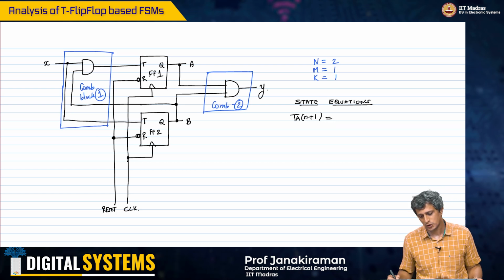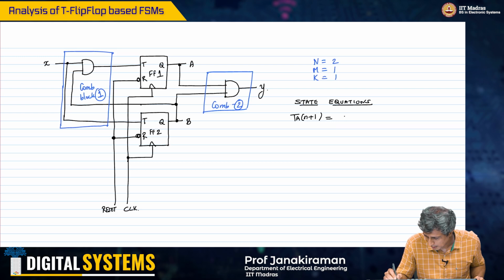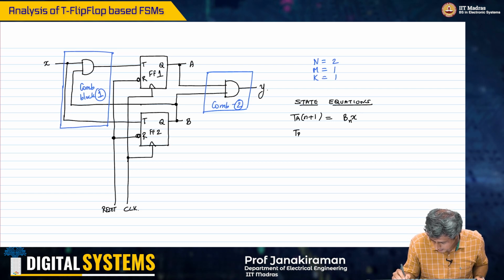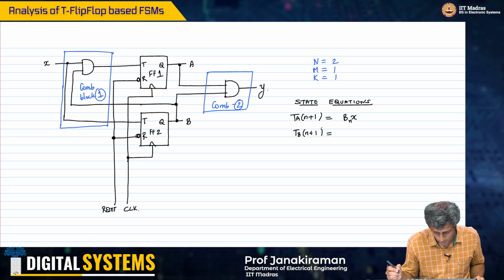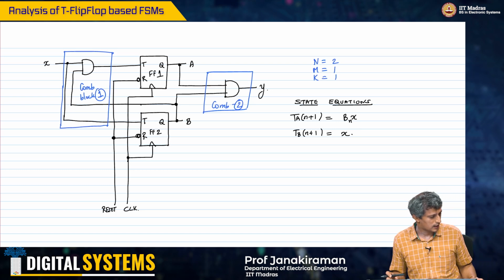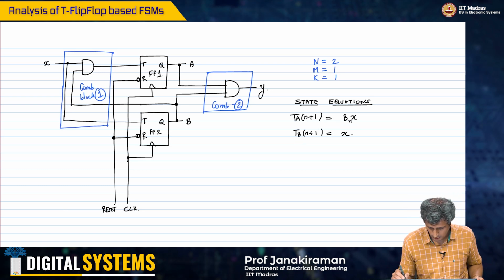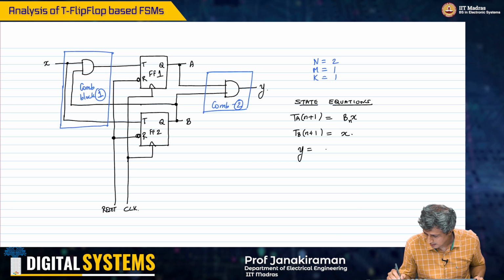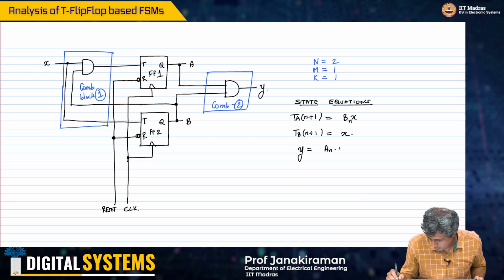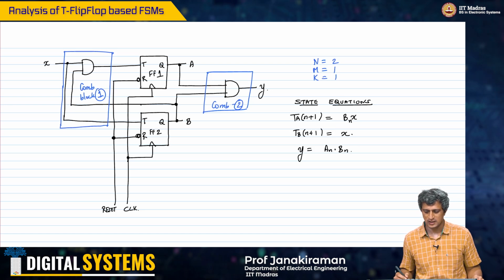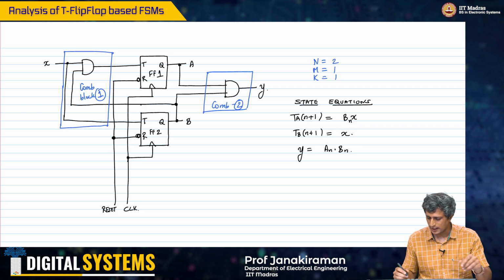TA of n plus 1 is simply going to be Bn times X. TB of n plus 1 is equal to just X. And the output Y is therefore going to be just An times Bn.